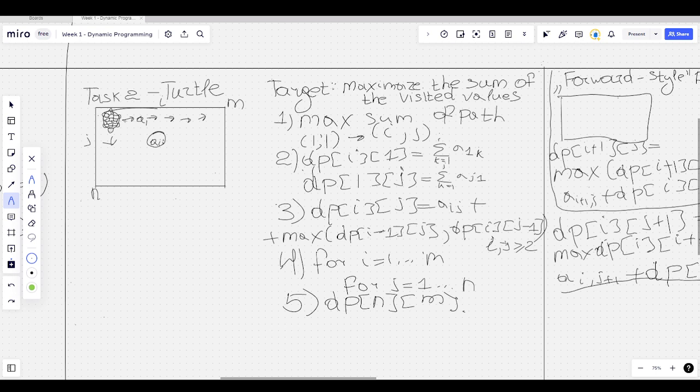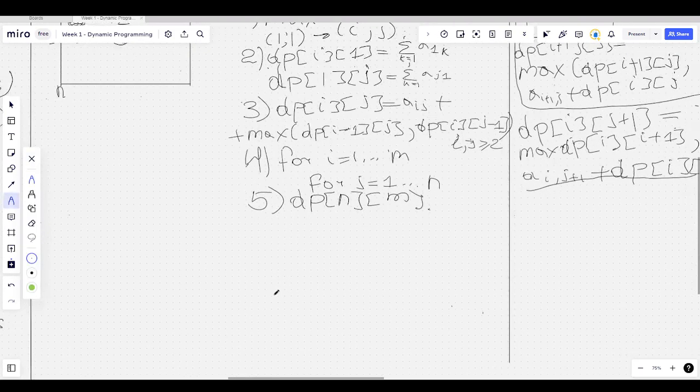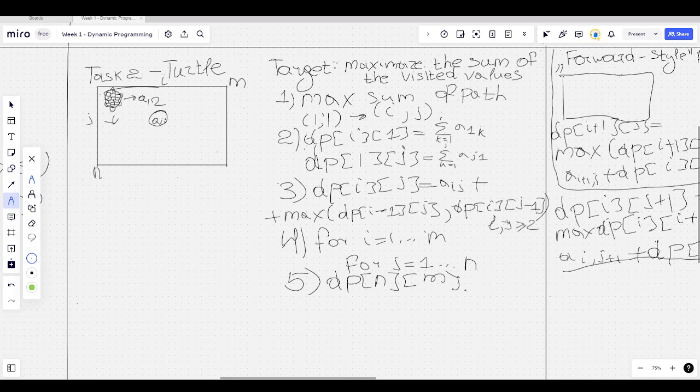It's not the turtle, it's a way to calculate the pair. So where is the answer? The answer will be dp[n][m]. The turtle will reach the end here, and we will know the answer.